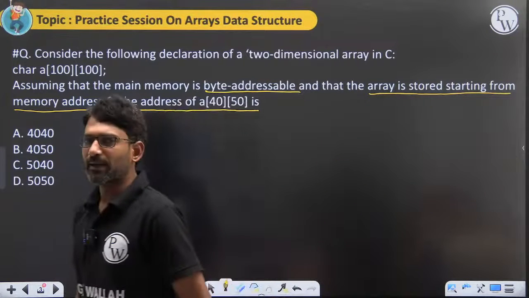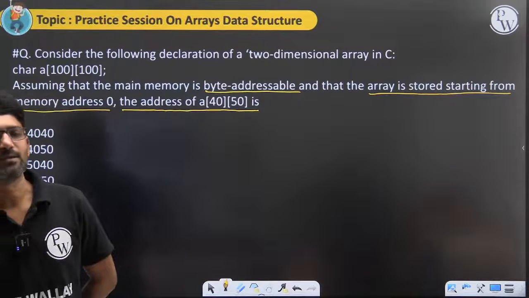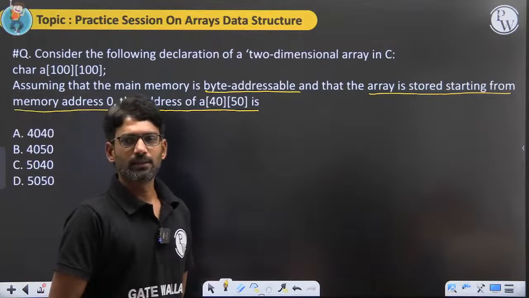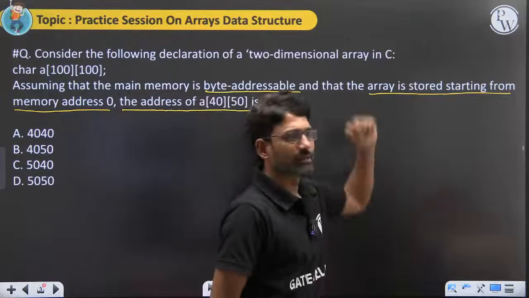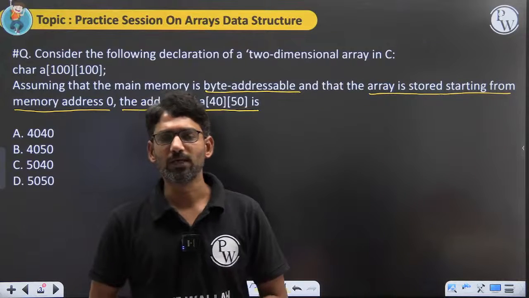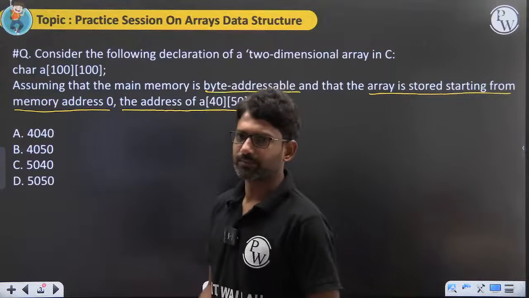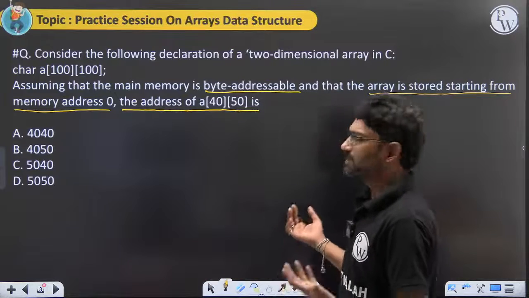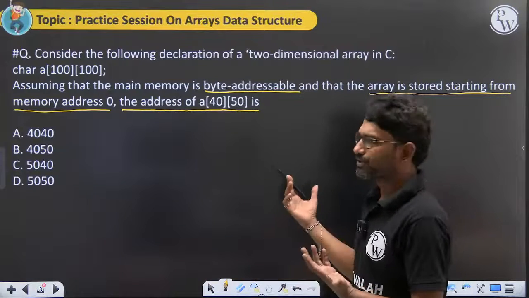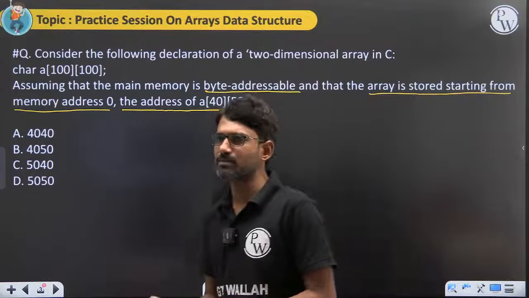As it is not mentioned row major or column major, what is the default? In C language it is given. So C language follows what? Row major order. And indexing starts from, not mentioned means default, that is from 0.